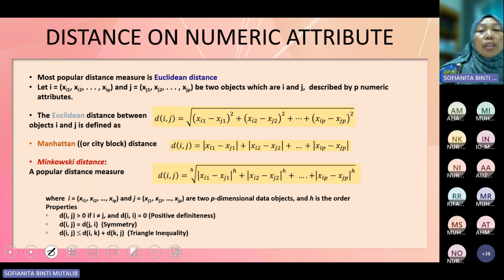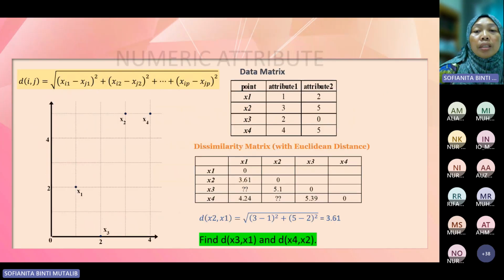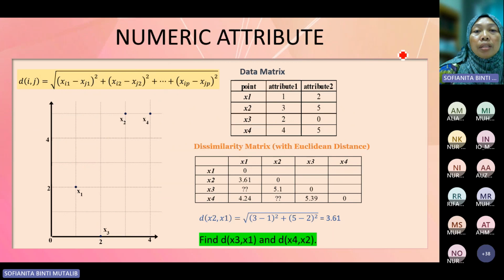This is the formula. Okay, and then this is another example for numeric. Let's say you are going to compare between x2 and x1.